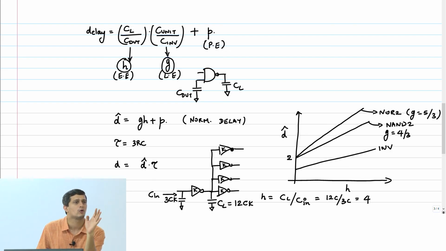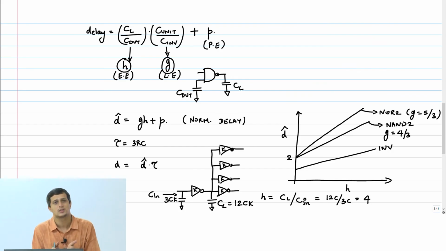You understand, the fan out of 4 delay is the same whether you did it for a unit inverter or for an upsized inverter or for an inverter with higher drive strength, because the delay comes out to be the same. The H is effectively the same because I am scaling up all capacitances by the same factor. So if I tell you in a technology the fan out of 4 delay is some 100 picoseconds, then you don't have to ask any further questions.